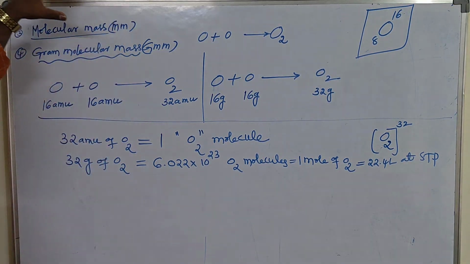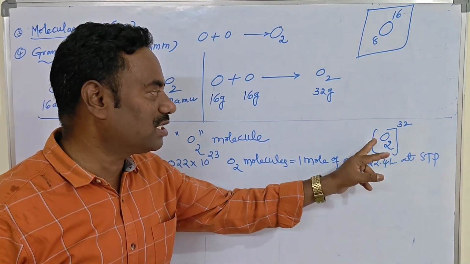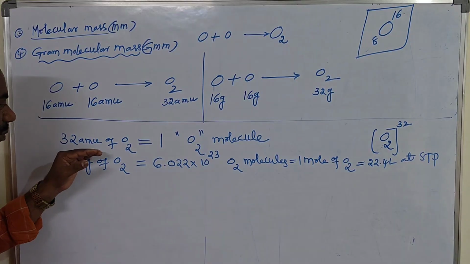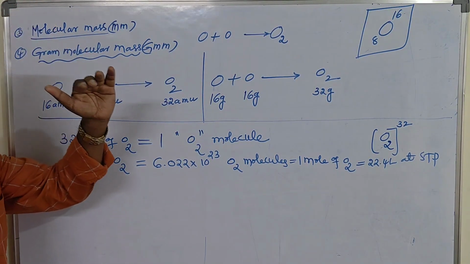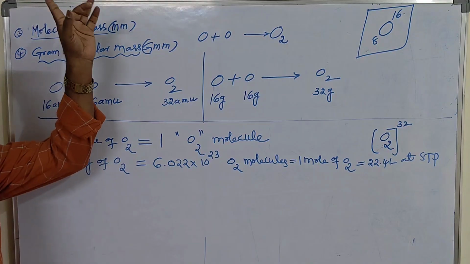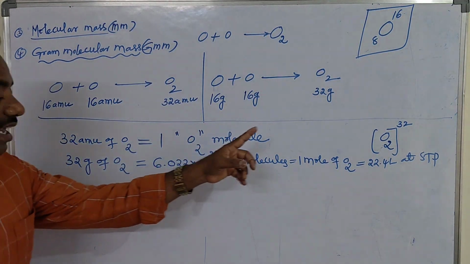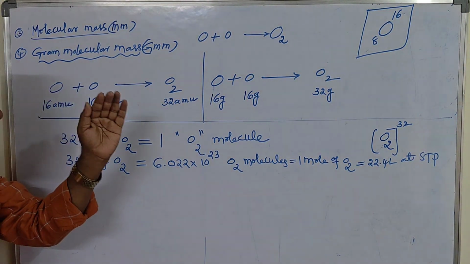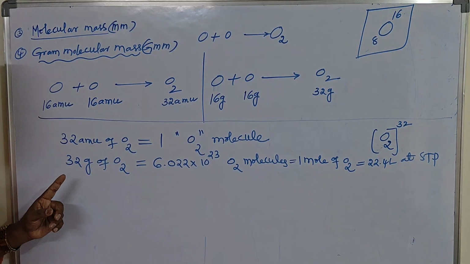For atom I am explaining like that. Here I am taking molecule. O2 is a molecule, its mass is 32. In previous examples, when I explained about an atom, they contain one atom, Avogadro number of atoms. Here the mass is 32. If the mass is in AMU, it contains one O2 molecule.